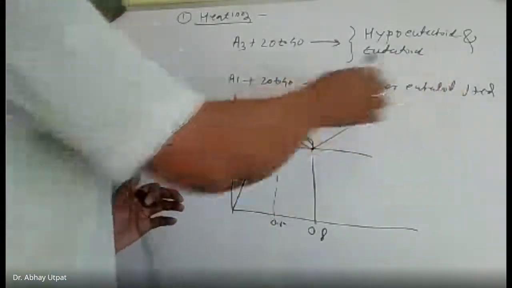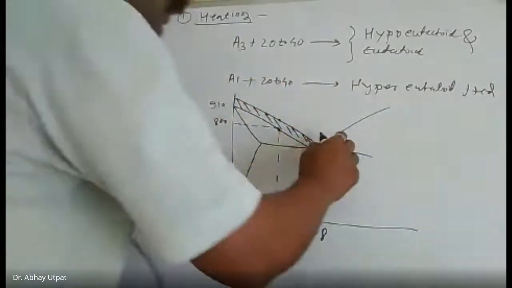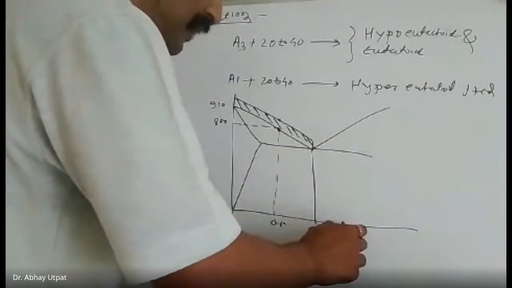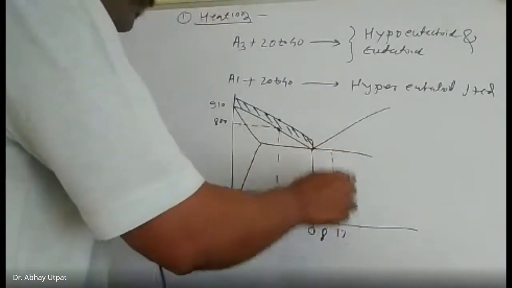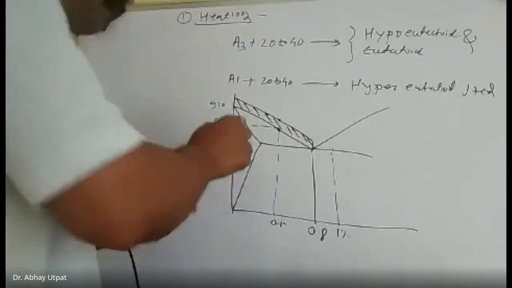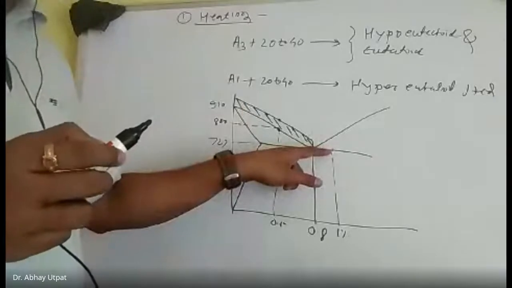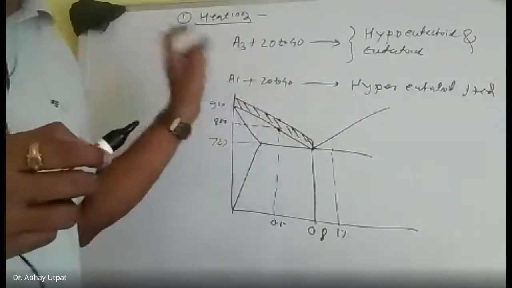Similarly, for hypereutectoid steel, it is A1 plus 20 to 40. That's why if it is 0.4 or 1% carbon steel, it is A1 temperature. A1 is 727. So above 727, 20 to 40 more. Let us suppose 30 or 40 degrees.